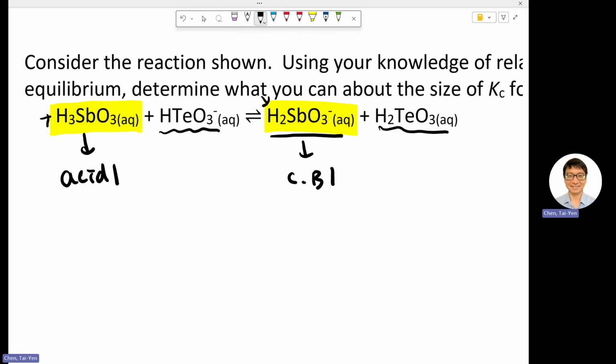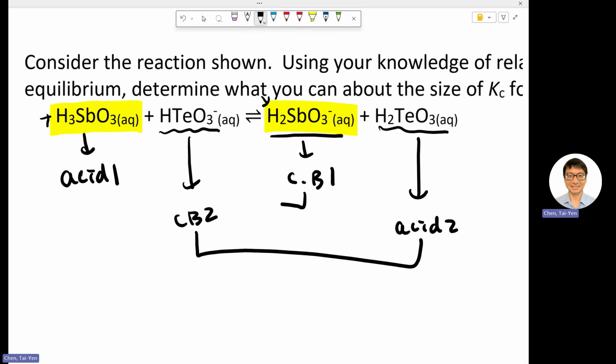HTeO3- and H2TeO3. Which one is your acid? This one is your acid 2, and this one will be your conjugate base 2. So this is a pair, and that is a pair. So let's set up what you should have first.